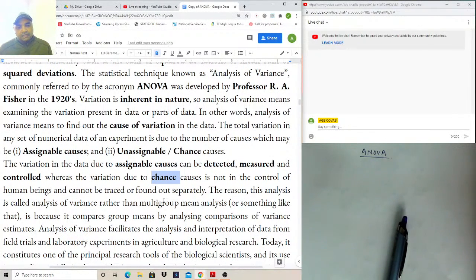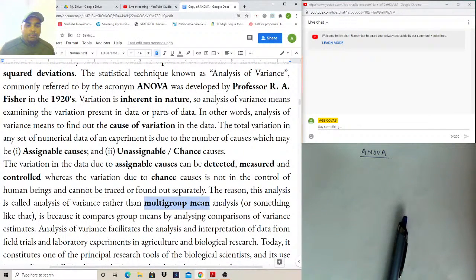The reason this analysis is called analysis of variance: what we are actually going to do here is compare multi-group means. That is, in this analysis of variance, we will have more than two populations. So we will be comparing multi-group means, but it is not known as multi-group means; rather, it is called analysis of variance.